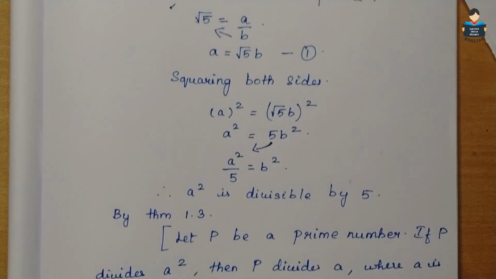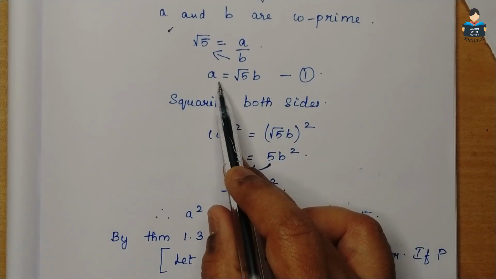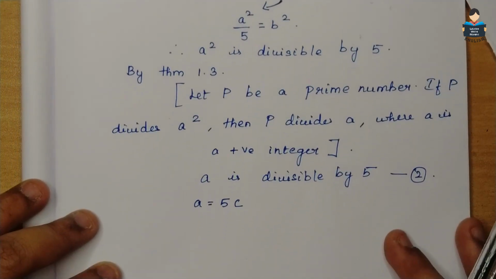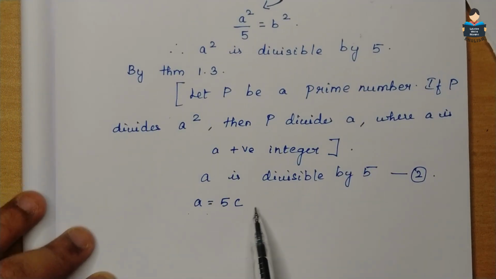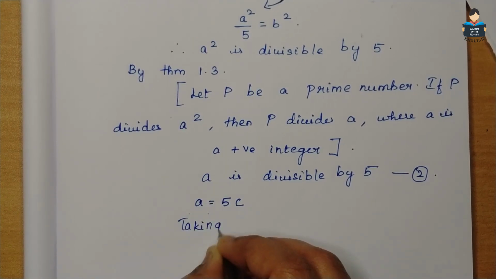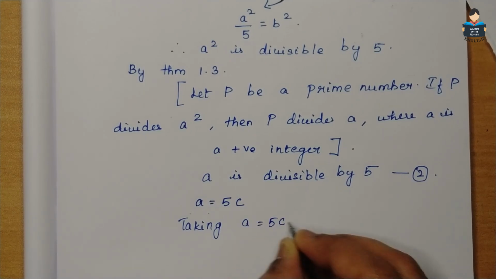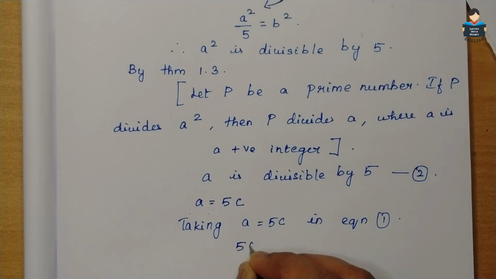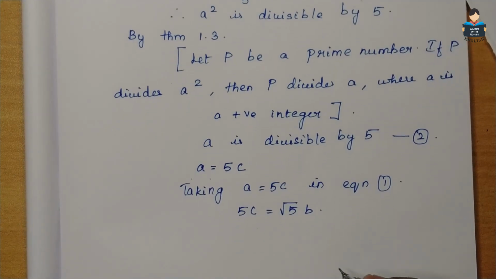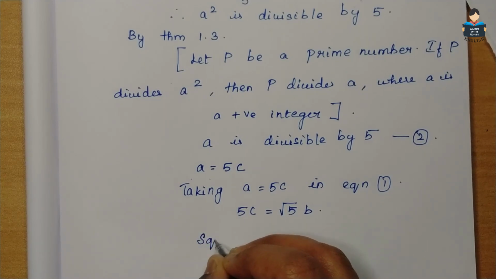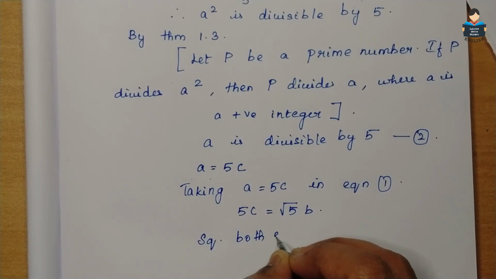Now, in the first equation, we have A equal to root 5 B. So, in place of A, I am going to put 5C. Taking A equal to 5C in equation 1, I will have 5C is equal to root 5 B. Now, again, as we did before, we square both sides.